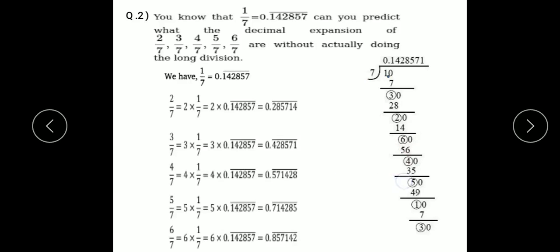Remainder 4. 7 5s are 35. Remainder 5. 7 7s are 49. Remainder 1. 7 1s are 7. Remainder 3. 7 4s are 28. Remainder 2. And we know that once we obtain remainder 2, the same set of digits will repeat.